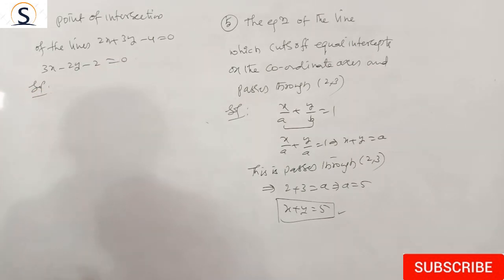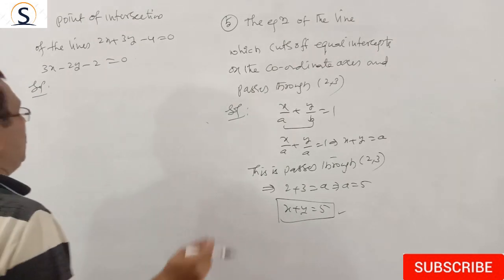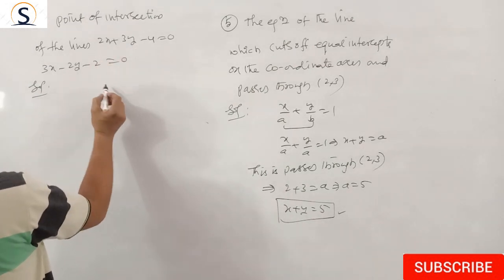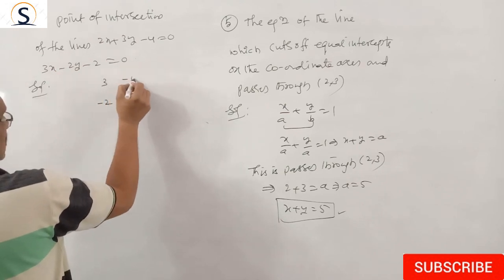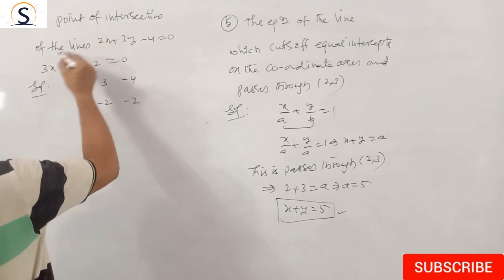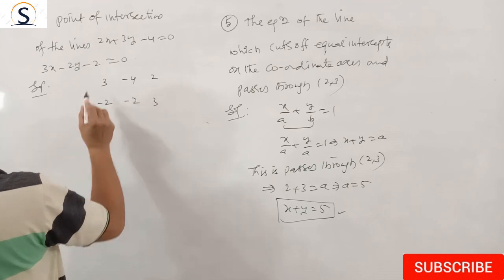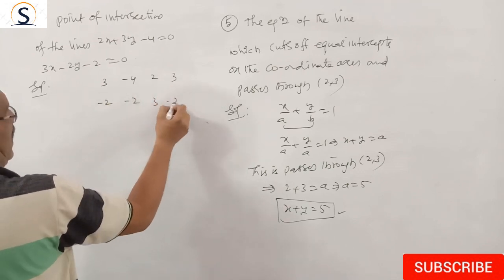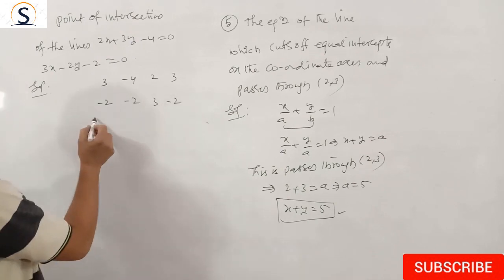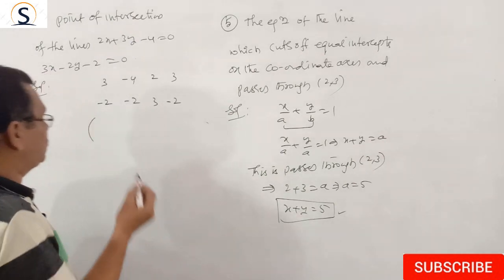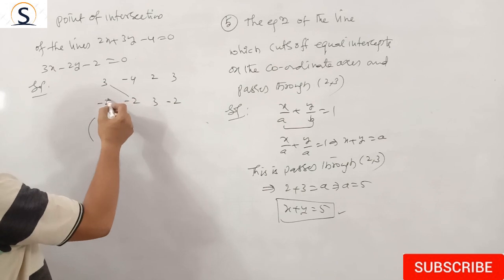So do not remember this formula, just simply write y coefficients first, 3 and minus 2 in these two. Next constants, next x coefficients, next the same y coefficients as you mentioned in the first column. Okay. Then the point of intersection is AD minus BC.